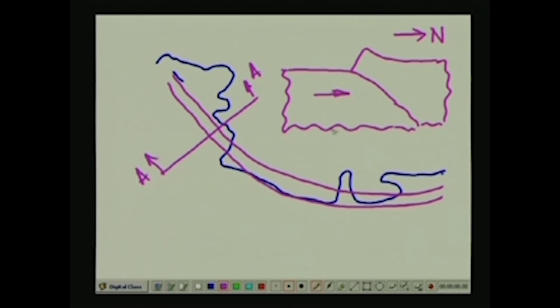So in this case, obviously the direction of the major principal stress is towards the north. So that is what I asked in the first question.